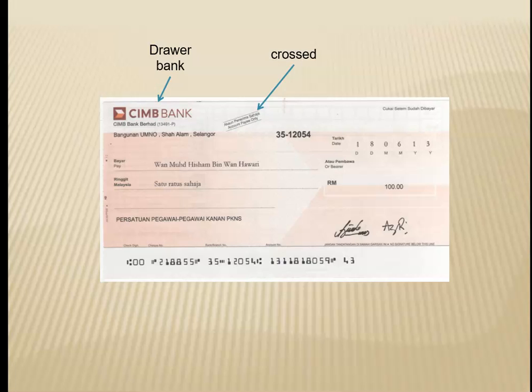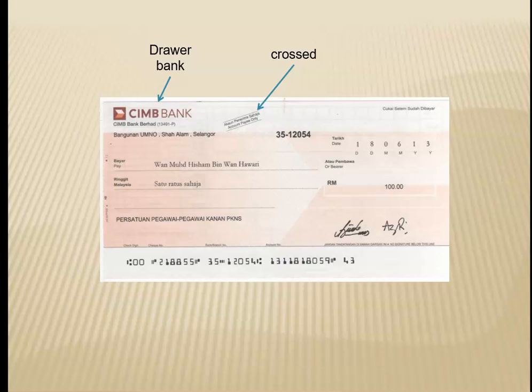Even though your bank account is with Bank Simpanan Nasional, if you send this CIMB check to your account in Bank Simpanan Nasional, Bank Simpanan Nasional will contact CIMB bank for the payment because the check belongs to CIMB bank.